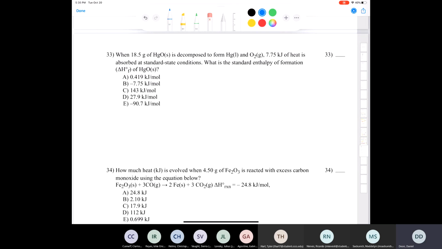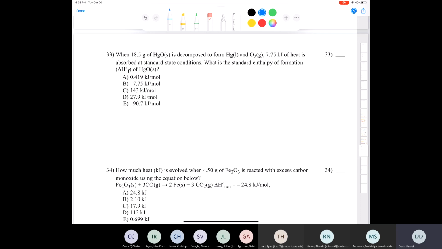Question 33 says, when 18.5 grams of mercuric oxide, or mercury 2 oxide, is decomposed to form mercury and oxygen, 7.75 kilojoules of heat is absorbed at standard state conditions. What is the standard enthalpy for the formation of mercuric oxide?